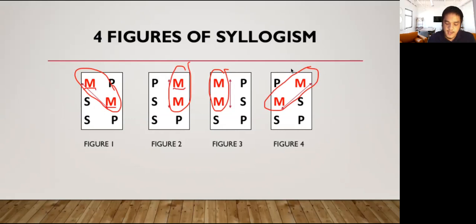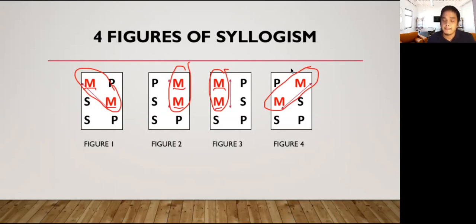The second figure has both the middle terms as predicates in the major and the minor premises. In the third figure, you have the middle term to be both subjects, both subjects of the major and the minor premise.